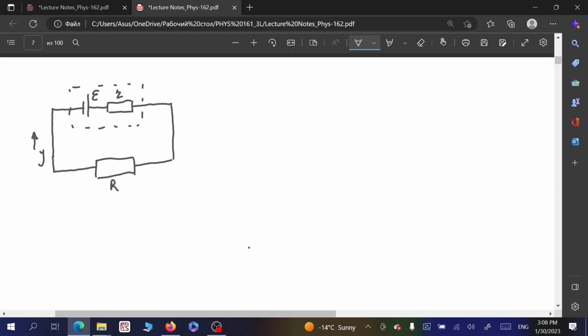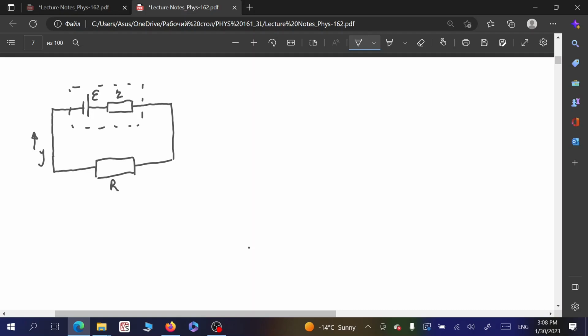So what do we have here? We have a battery which produces a certain internal voltage. It's established in the literature to call this internal voltage electromotive force, EMF. You will see this quite often in different textbooks.